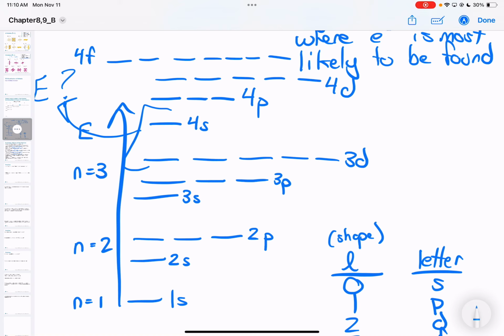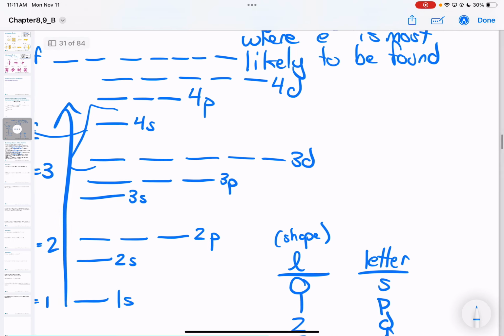Well, there's more than 7. There's 7 in the F, right? There's 7 additional ones. Okay, so the number of orbitals in a given, we call these subshells. When we have the 1s, the 2s, the 2p, those are subshells. So how many orbitals there are in a given subshell corresponds to how many m sub l values there are.